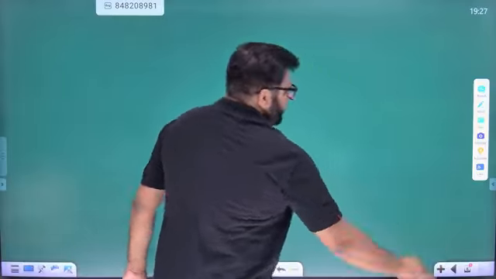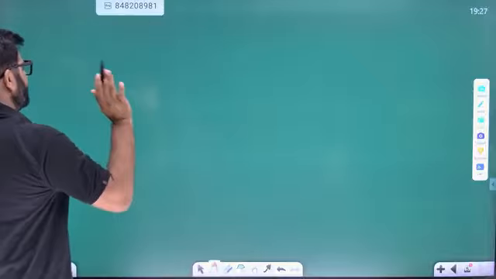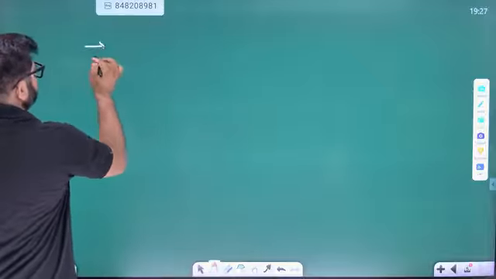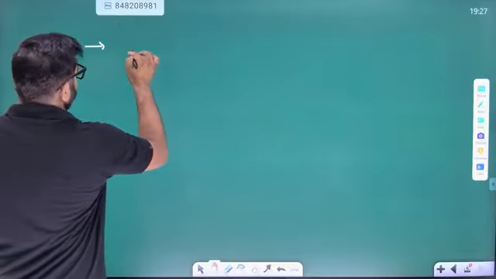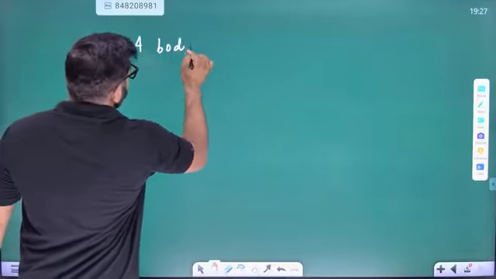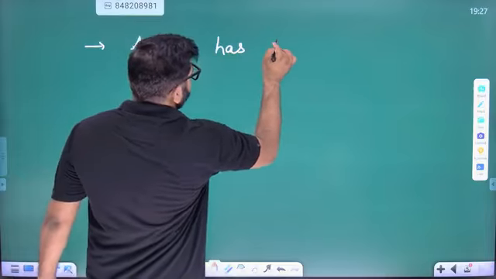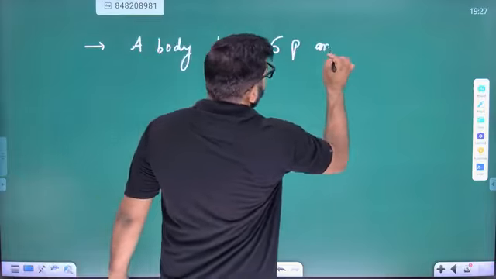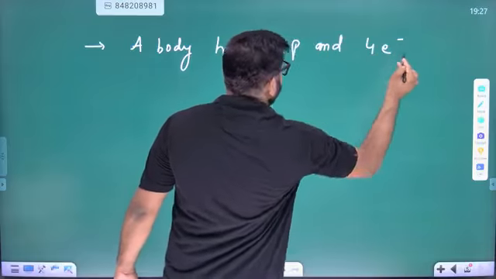All right. If I take a very simple example, we have a body, let me write it. A body has 6 protons and 4 electrons.